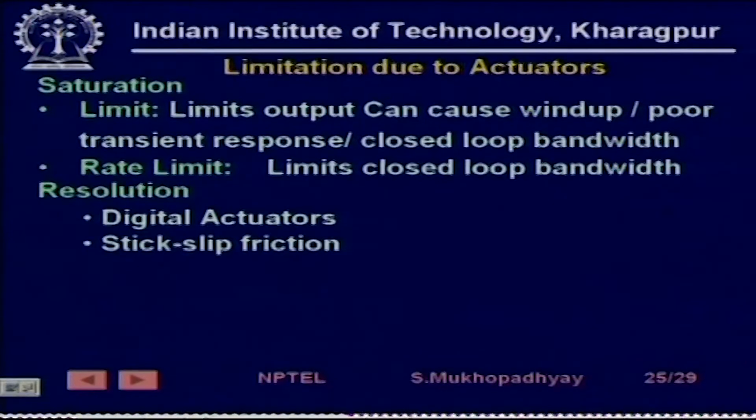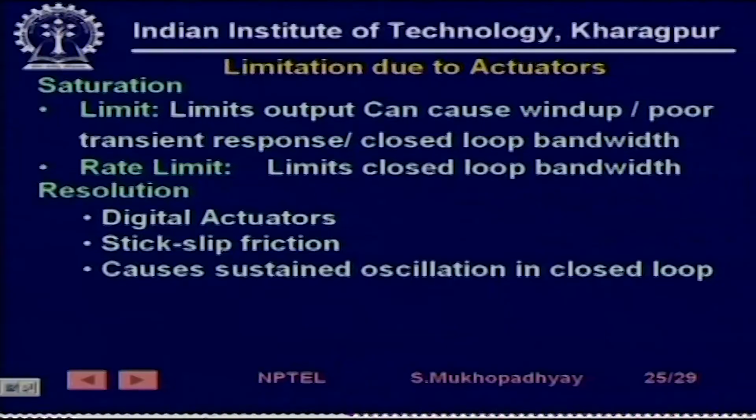Similarly, sometimes resolution: some actuators cannot make small movements because of stick slip motion. If they move, they will move and then they will get stuck. With such stick slip motions, the actuator, because of resolution, keeps oscillating. It will move there, that is actually too much correction, it will come back again, it will move there.